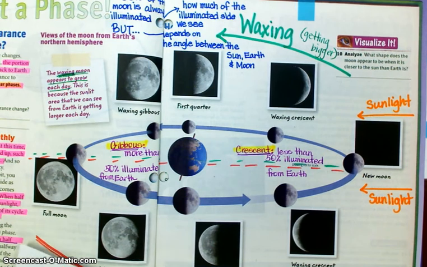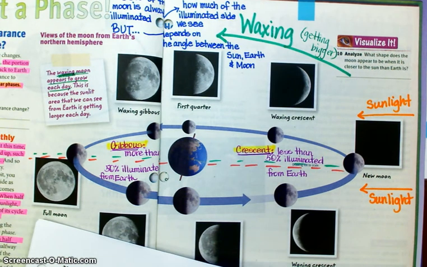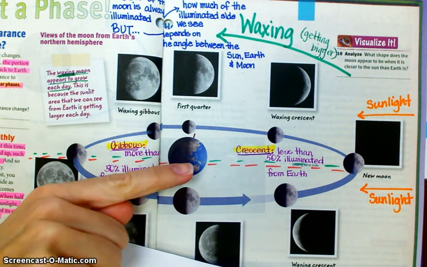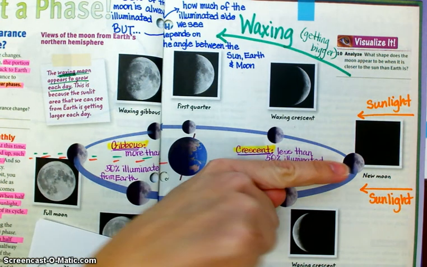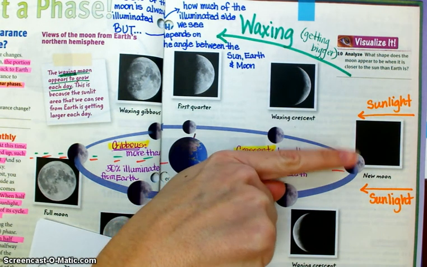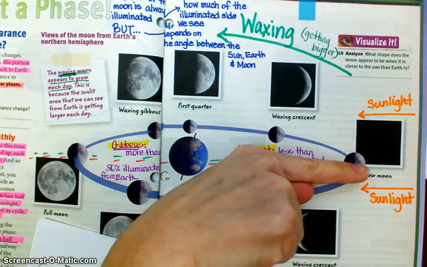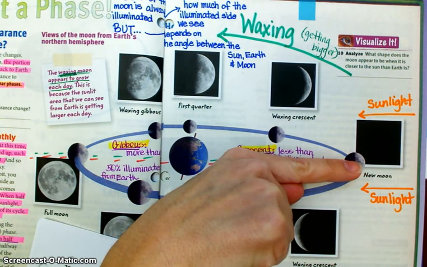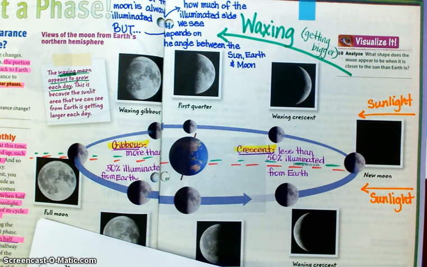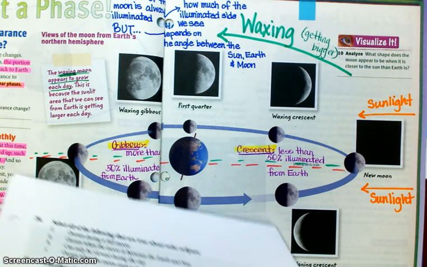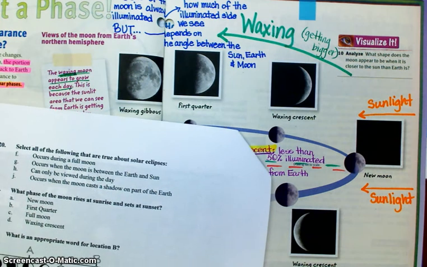Okay, number 21. What phase of the moon rises at sunrise and sets at sunset? Okay, meaning which phase of the moon is going to be coming up with the sun and setting with the sun? Well, it's got to be over here with the sun if it's going to rise and set with the sun. That's a new moon. Okay. Number 22.